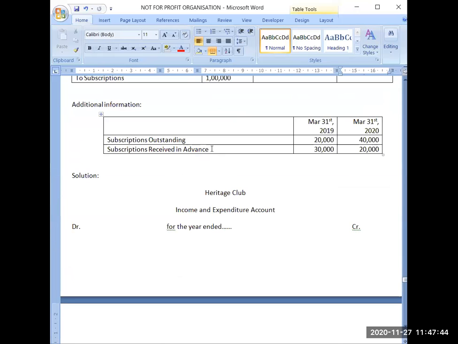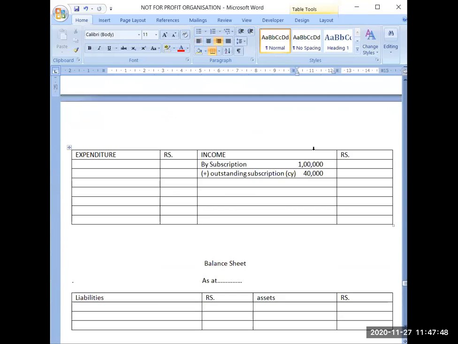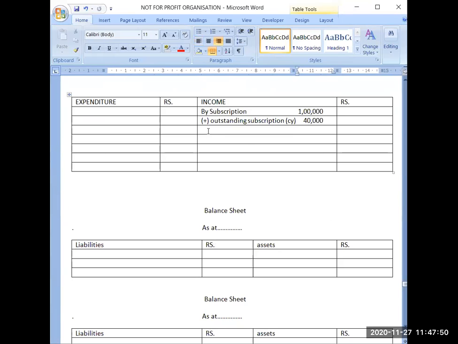We have to add subscription received in advance in the last year. That we will be adding. But before that we will write this outstanding subscription for current year in the current year balance sheet.